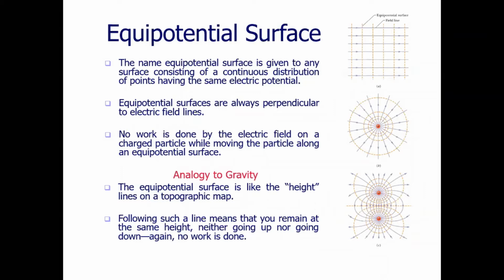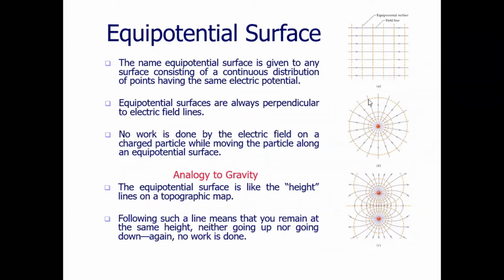And then we say that equipotential surfaces are always perpendicular to the electric field. So for instance, if you have the electric field in this manner, any line that is drawn like this, you can see that it is actually perpendicular to the electric field, so it makes up an equipotential surface.